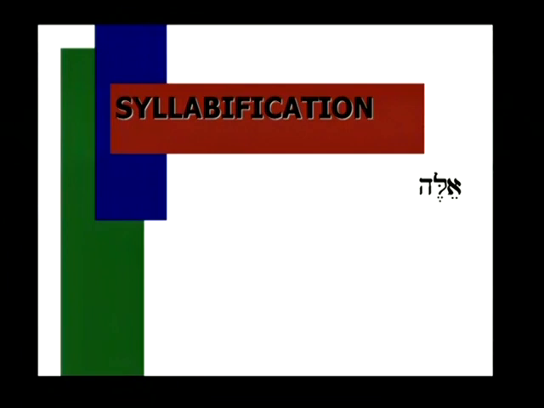And every syllable must have a vowel. Not a half vowel, but a full vowel, a vowel that is not a half vowel. Every syllable must have one vowel that is not a half vowel. So there's one syllable for every vowel.